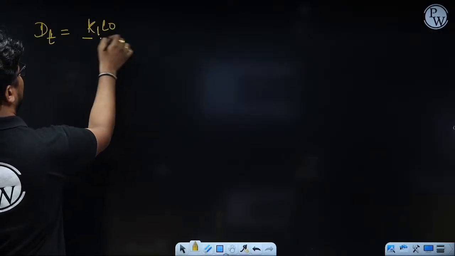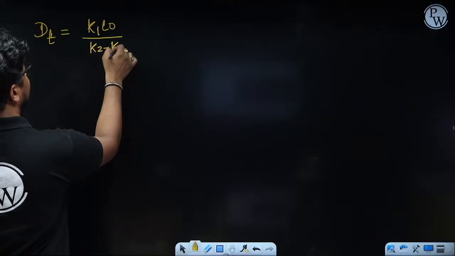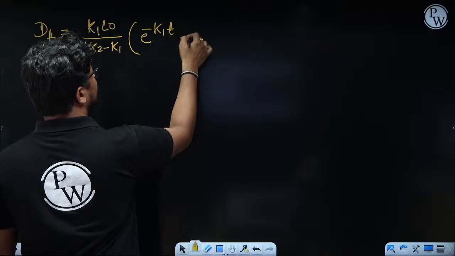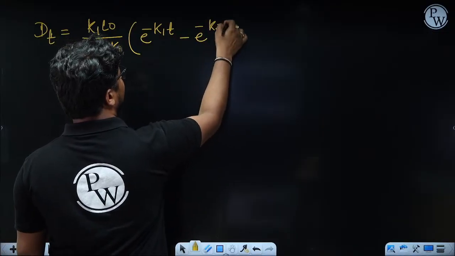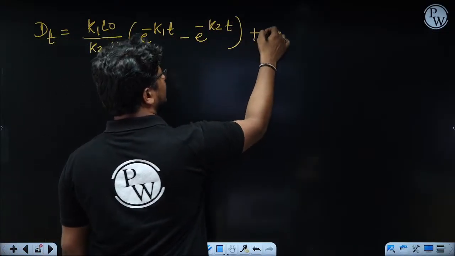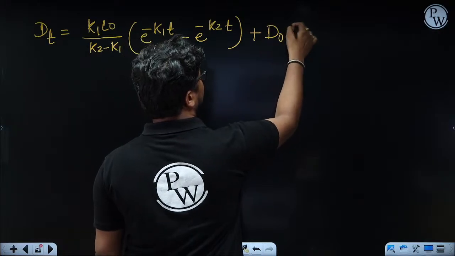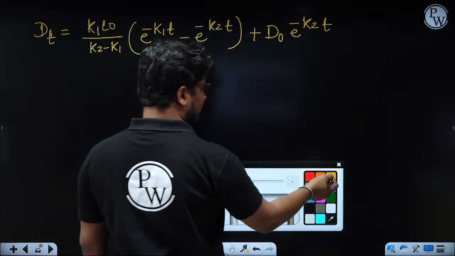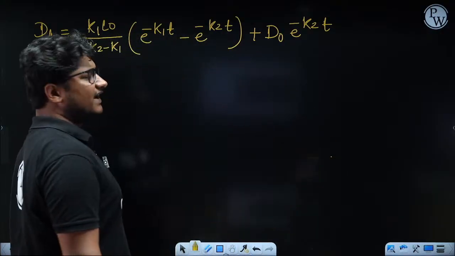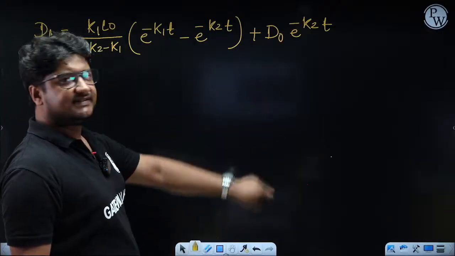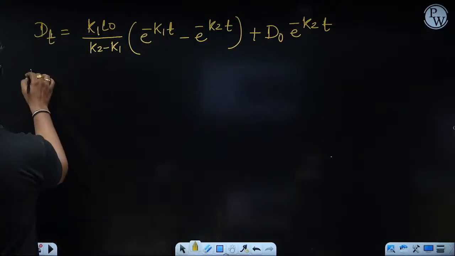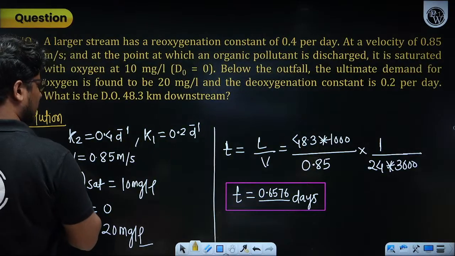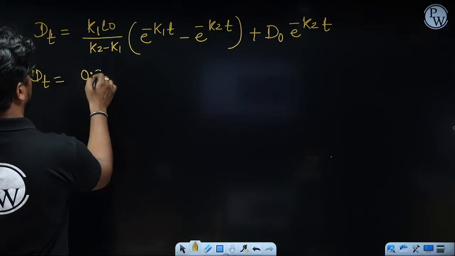K1 into L0 divided by K2 minus K1, bracket e to the power minus K1 into T minus e to the power minus K2 into T, plus D naught e to the power minus K2 into T. Now in the question, they have already mentioned that D naught is 0, so that part I will not take. Only Dt.